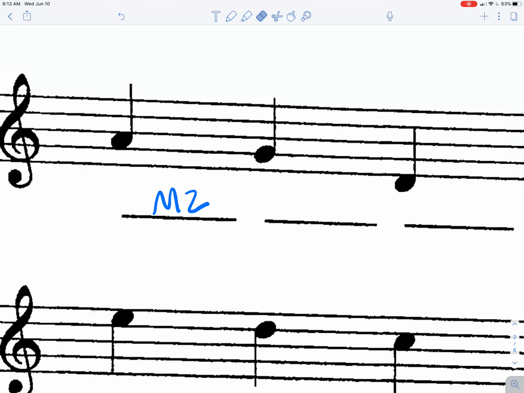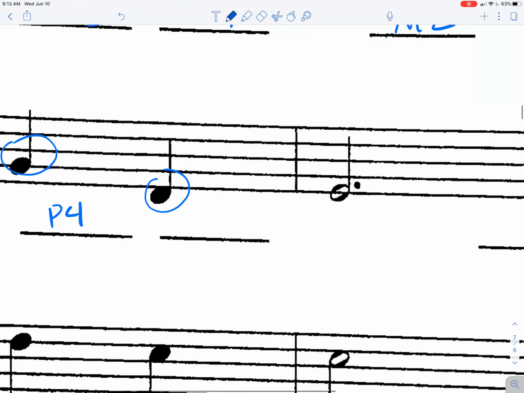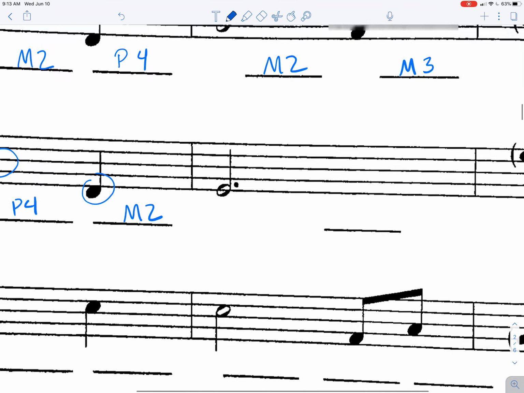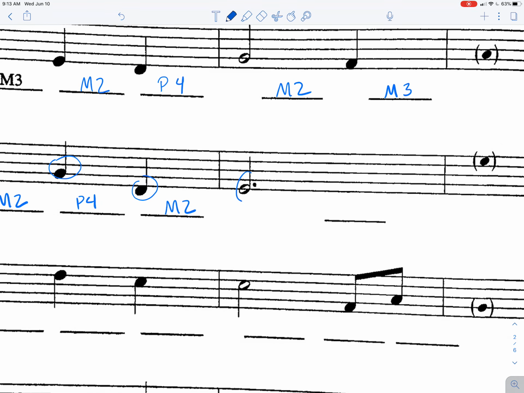And then again between G and D, which just like it was before, is a perfect fourth. And then again between D and E, which is a major second.